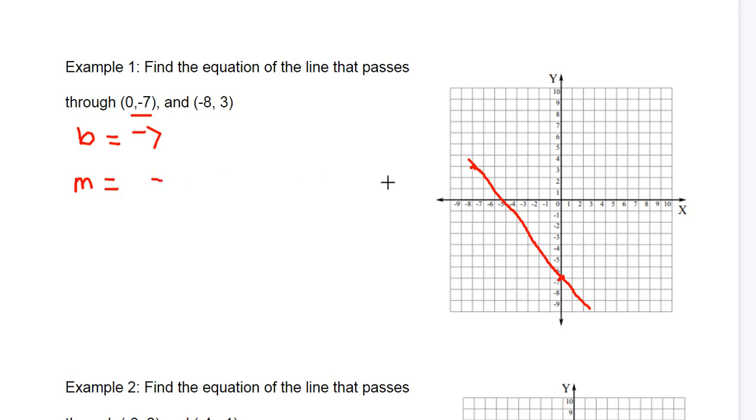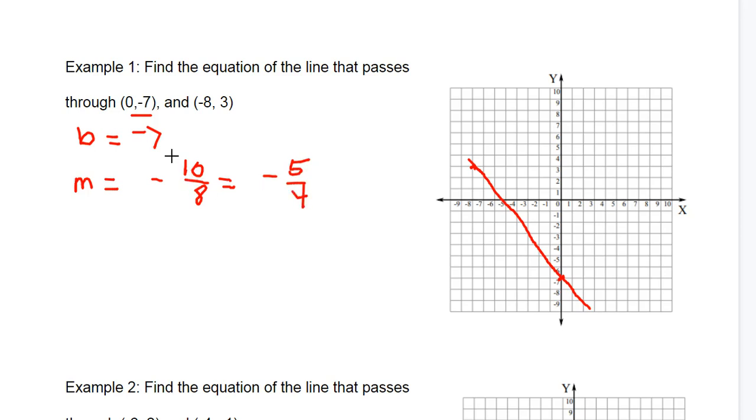My rise is 1, 2, 3, 4, 5, 6, 7, 8, 9, 10. So 10. And my run is 1, 2, 3, 4, 5, 6, 7, 8. So -10 over 8. Those are both even, so that simplifies to -5 over 4.